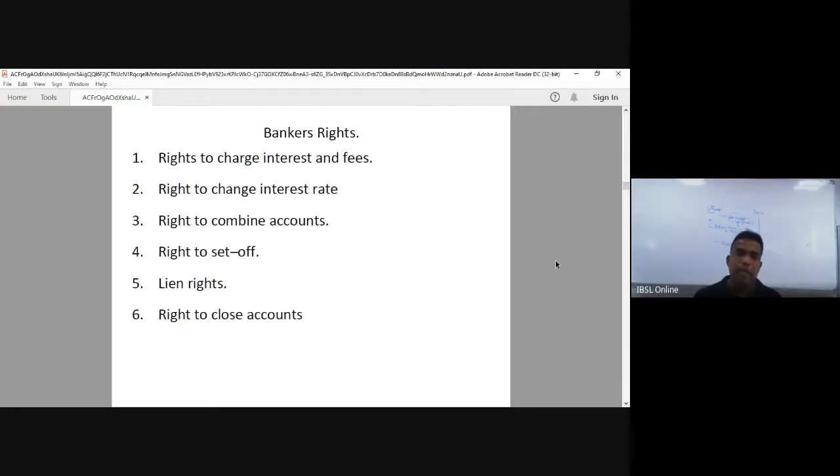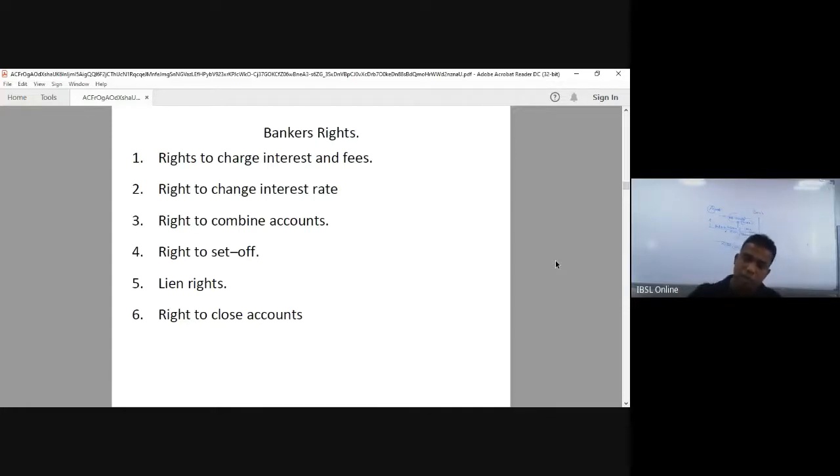What is the reasonable time? And why do you have to give reasonable time? You have to give reasonable time to the customer to make alternative arrangements. What do you mean by that? Say the customer is maintaining a current account and the bank decides to close the relationship.